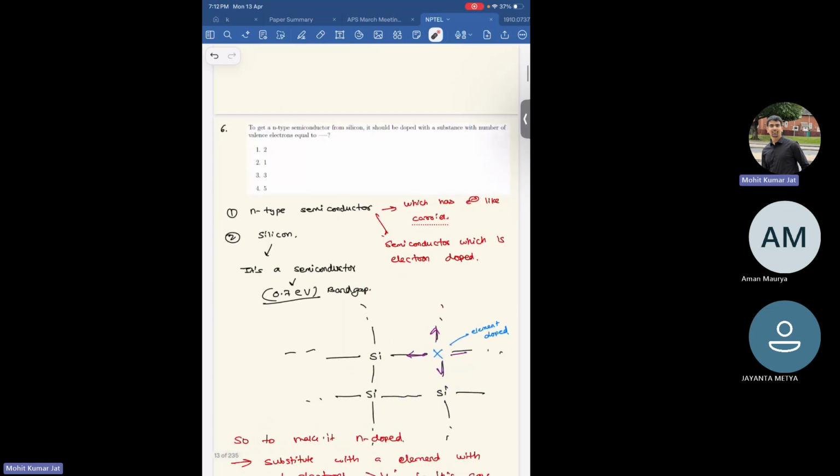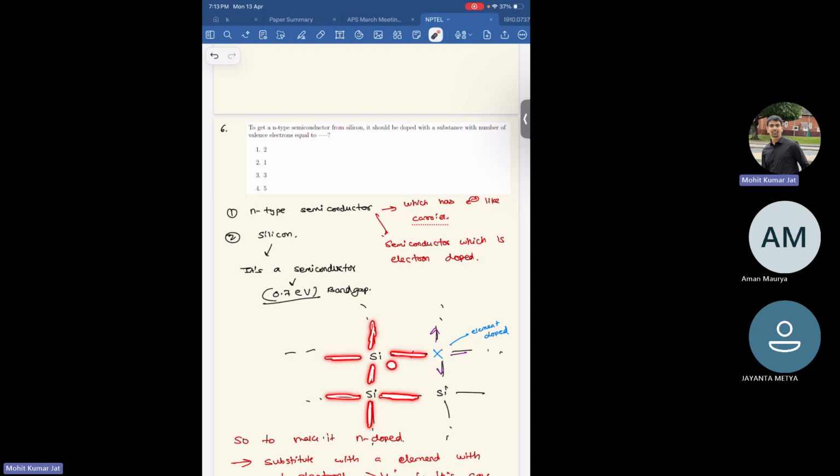Now, another type of question which can come in your exam is, let's say you have a type of semiconductor: to get an n type semiconductor from silicon, it should be doped with a substance with a number of valence electrons equal to what? For example, this is silicon and it has these 4 valence electrons which are bonded like this, right? Now if you want to make it n type, it means you want one free electron, right?